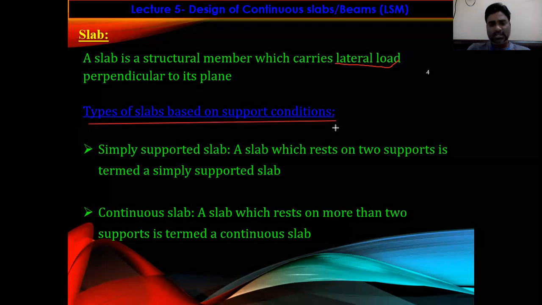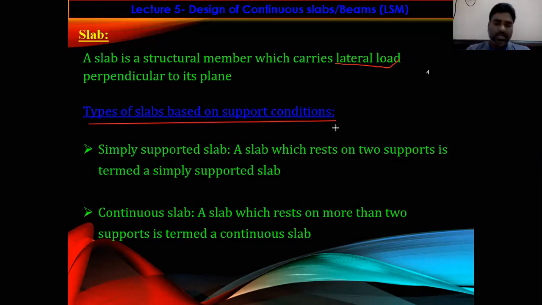What are the types of slabs based upon the support conditions? We know there are different types of supports: simple supports, hinge supports, roller supports. In the design of slabs, we discussed the different types of slabs based on support condition as well as load distribution, that means the longer span to shorter span ratio.